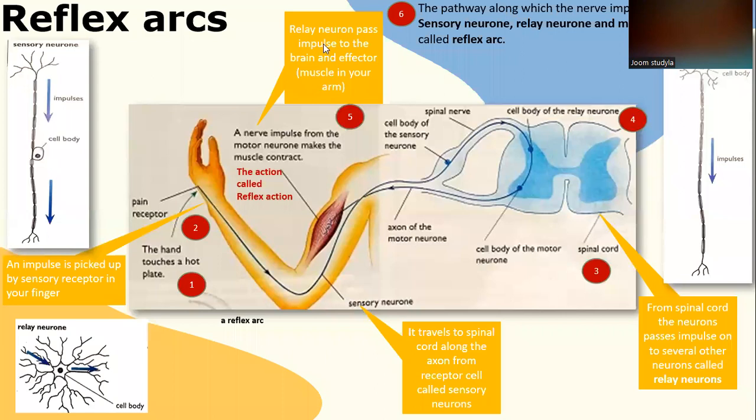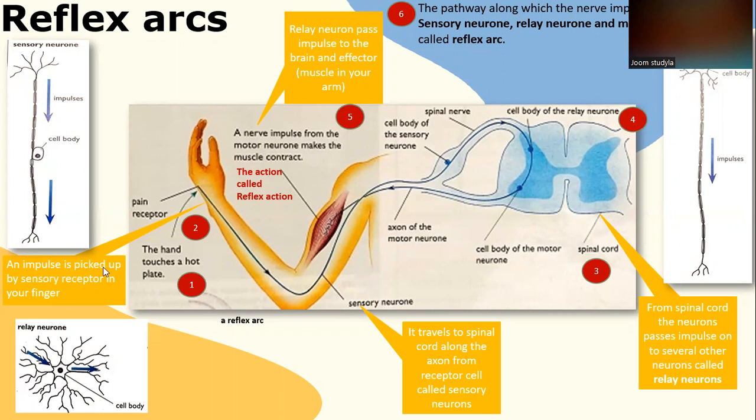Okay. How does the reflex arc work? Let's look into the first step. Take the example of the hand touching a hot plate. So when the hand touches a hot plate, what happens?